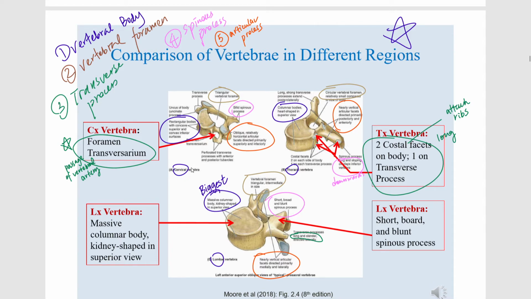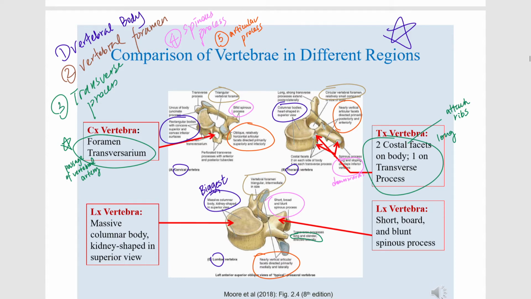So let's focus on the cervical region, the vertebrae in the cervical region. The vertebral body is rectangular in shape, with the superior surface concave and the inferior surface convex.